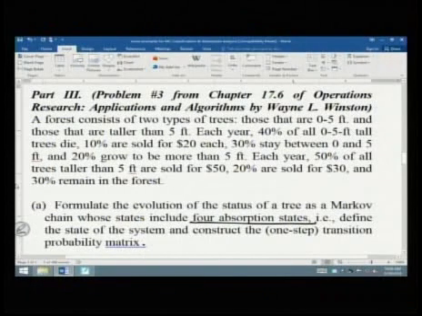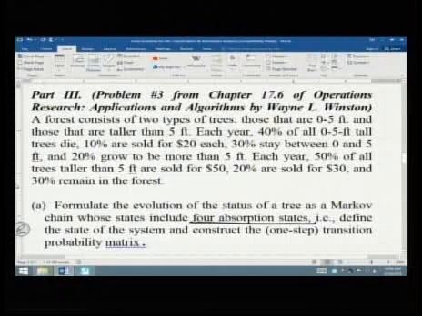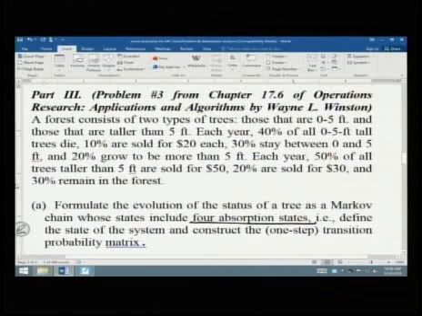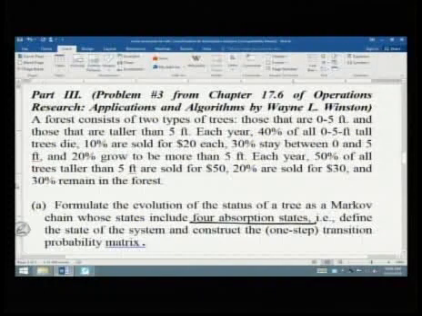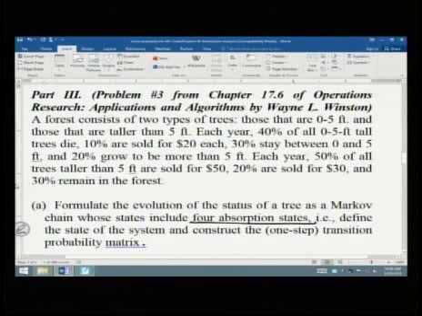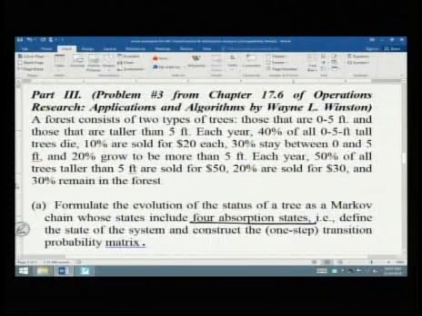There are two different types of trees, the short one and the tall one, so we have two different states already. And then the tree can be dead, or it can be sold for $20, $30, and $50. So we have a total of 6 different states.